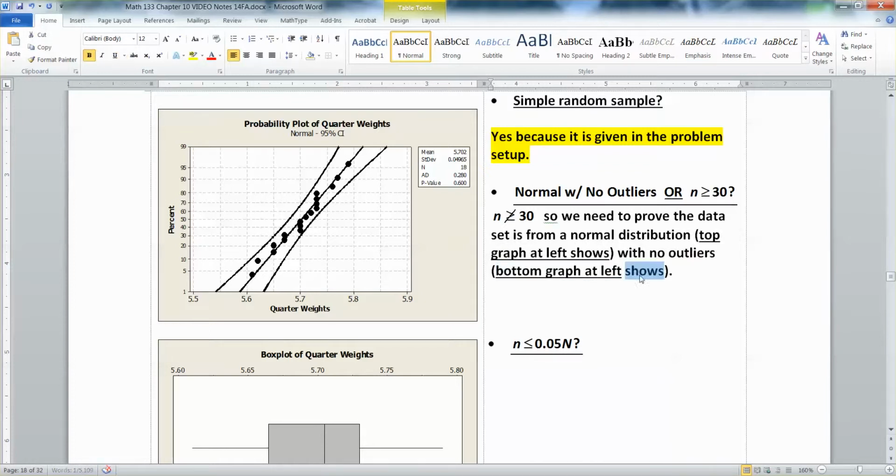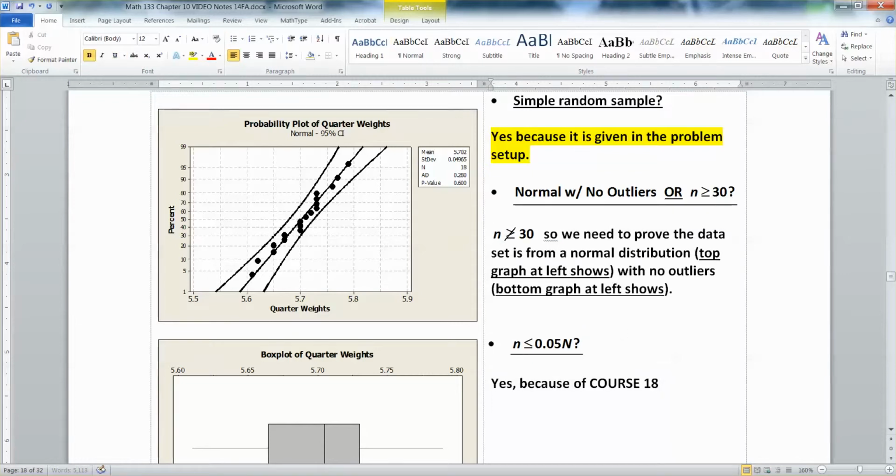It's been a while. All right, so now we need to know, is n less than or equal to 0.05 capital N? Well, this is going to be a little bit of a hand-wavy argument, but yes, because of course 18 quarters is far, far less than 5% of all the state quarters that were minted.